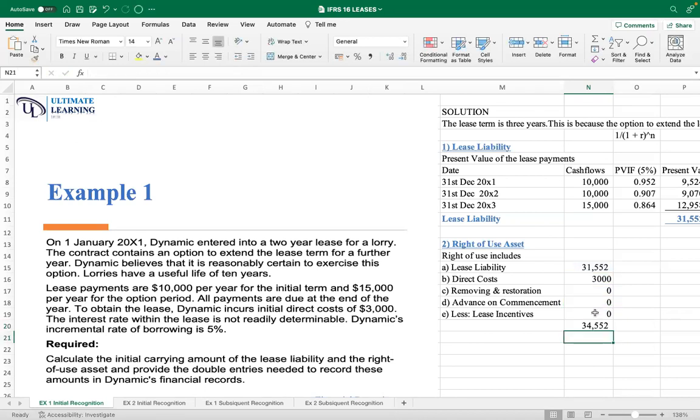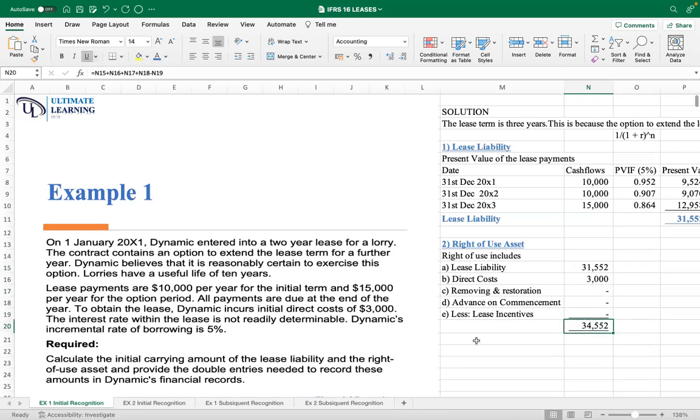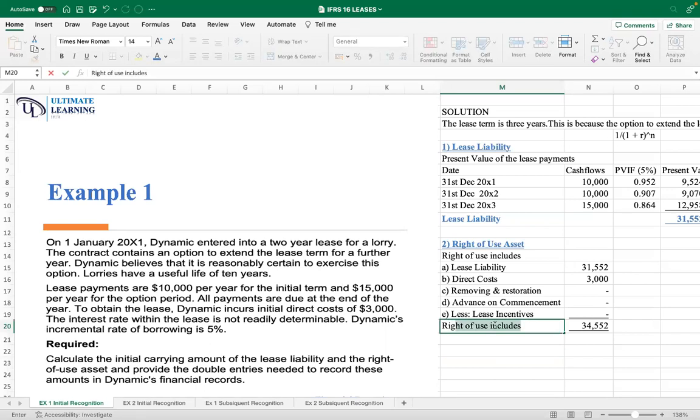So that gives you the right to use an asset, which in this case is 34,552. In other words, this is the equivalent of the cost of the asset.